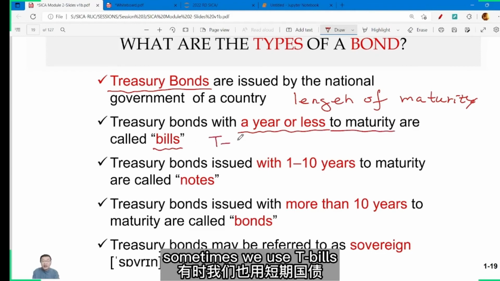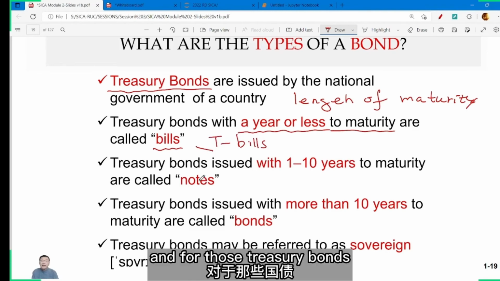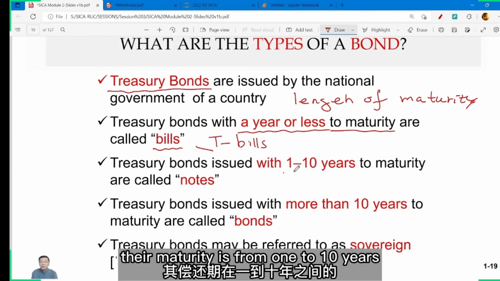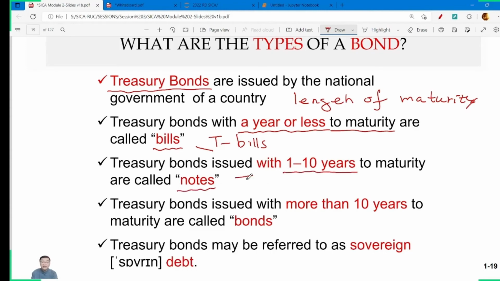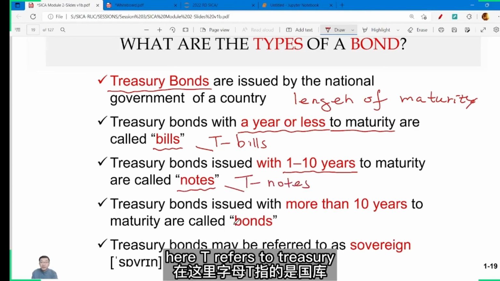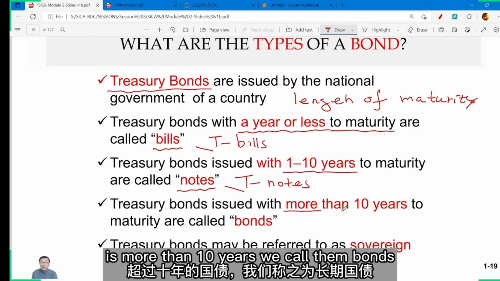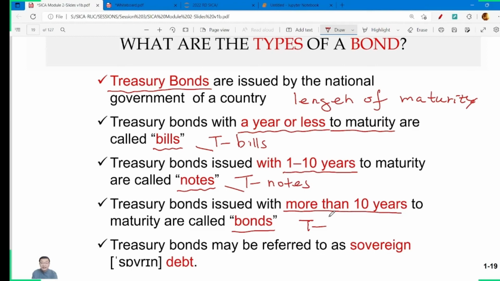Sometimes we use T-bills. T refers to treasury. And for those treasury bonds whose maturity is from 1 to 10 years, we call them notes, T-notes. Here T refers to treasury. And for those bonds whose maturity is more than 10 years, we call them bonds. So this is called T-bonds.